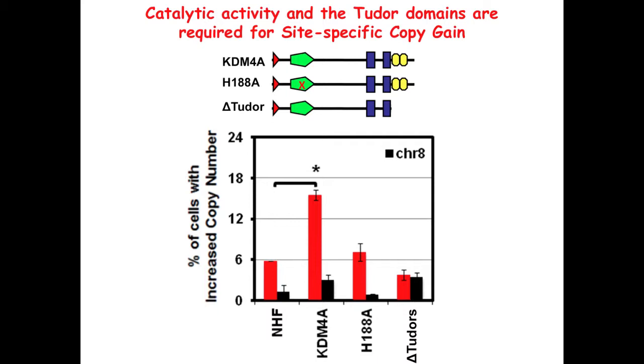And when you introduce a catalytic mutation, you actually lose it. It doesn't create the gains anymore. If you delete recruitment modules, such as the Tudor domains, you don't have it anymore. So now we had a transient enzyme that could go in and create a site-specific gain of a region of the genome. It required catalytic activity, and it required a chromatin binding module.